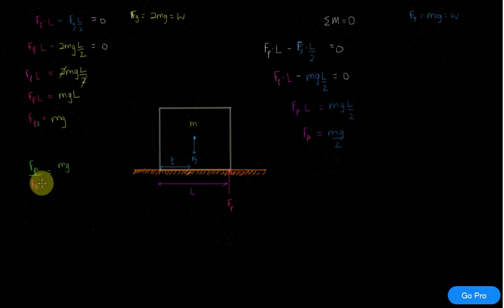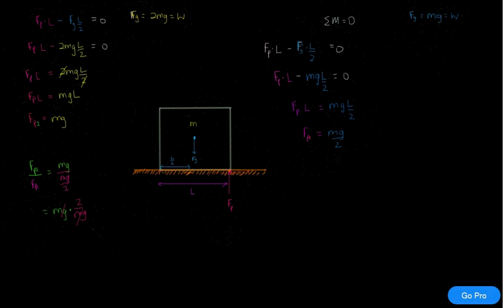That's how much force I had to apply in scenario 2 relative to this mg over 2. Well, if I have something divided by a ratio of something, then I can multiply it by the inverse of that. So that's just going to be mg multiplied by the inverse of this, 2 over mg. So notice now that the mg's would cancel and I'm just left with 2.